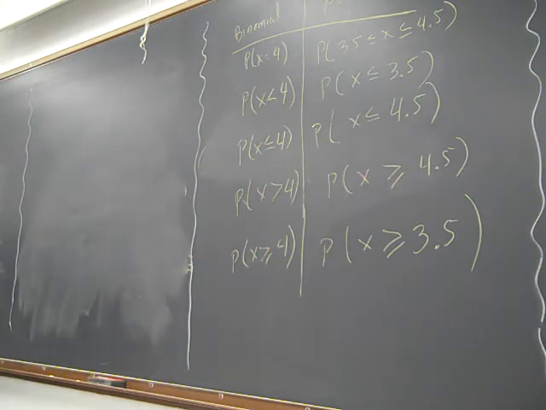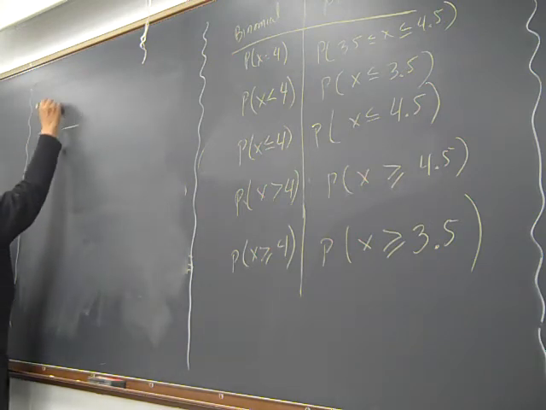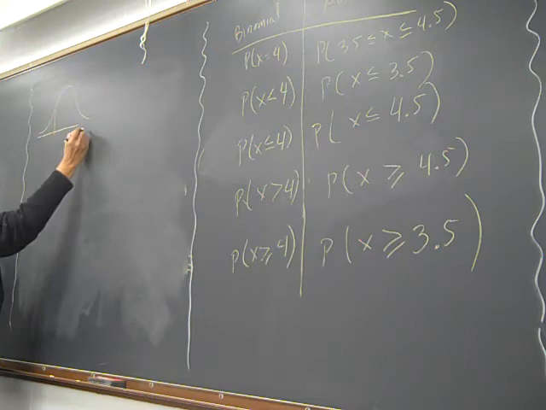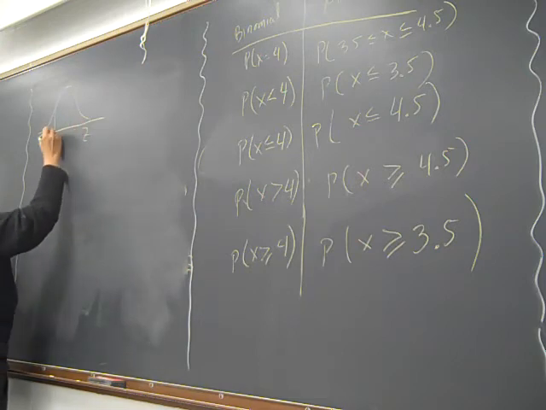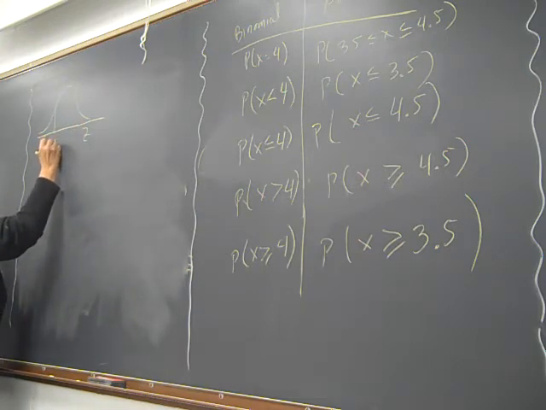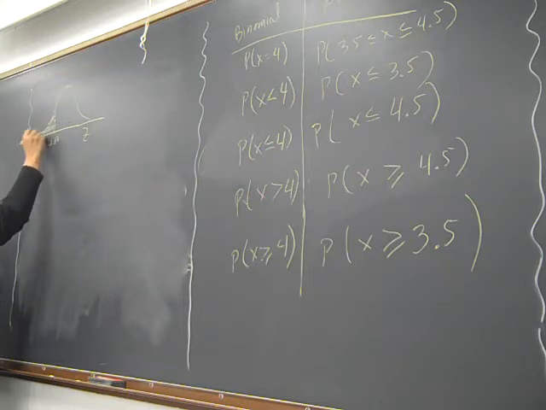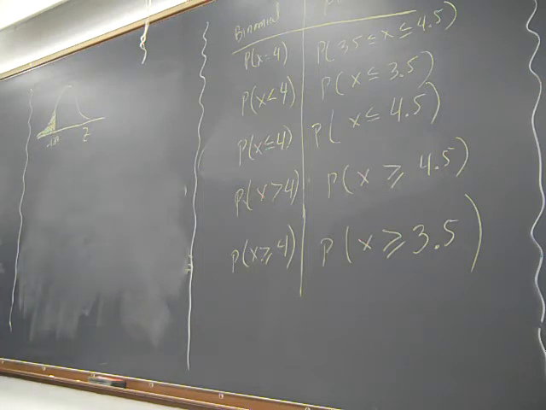Let's say that I want to know the probability that, in the standard normal distribution, z is less than negative 1.33. What is this probability? Go to the tables. In the test, you will have the tables with you. You don't have the book, but you have the table.